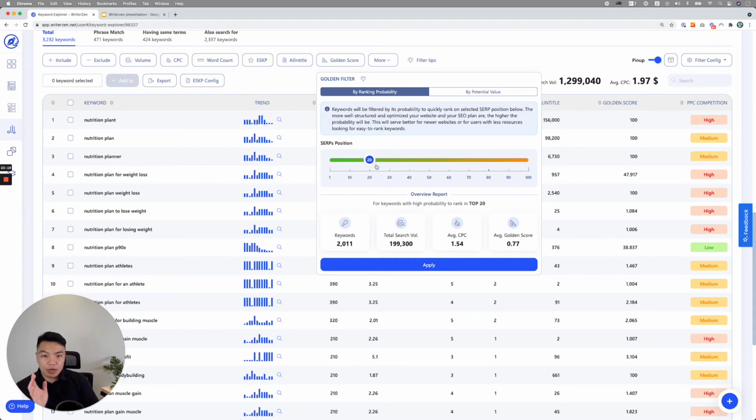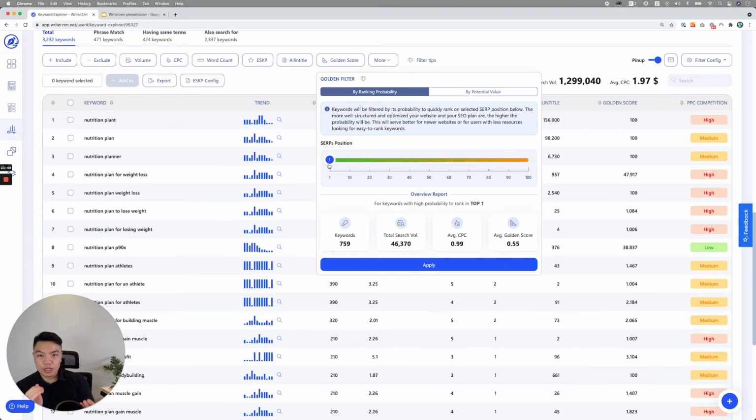Right over here, you can simply scroll this and look for keywords that have ranking probability in the top 20 or top 10 or even top 1, right? So what we do is simply filter by Allintitle, right? The lower the Allintitle, the higher the chance you have to get your keyword to rank in that position.